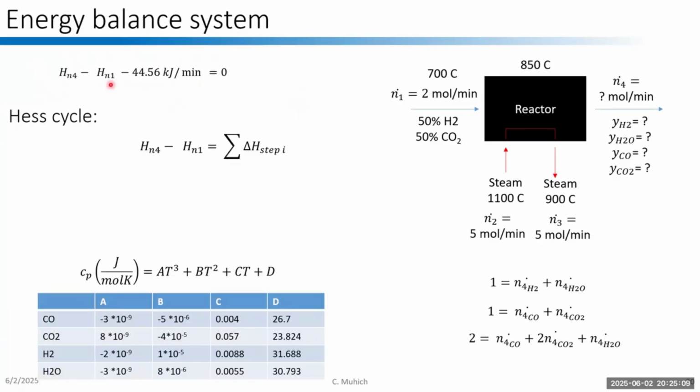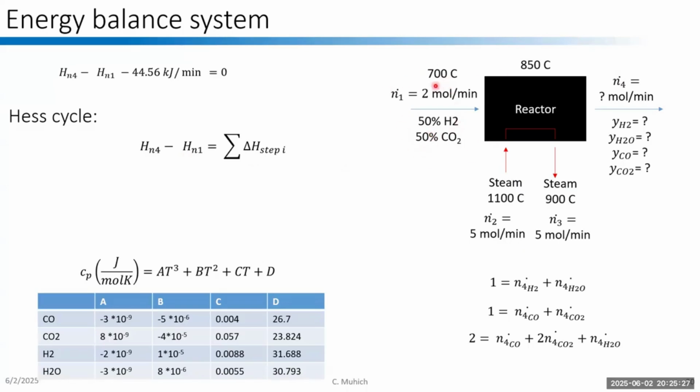Okay, so let's determine what needs to happen. Here, I'm going to again use this idea of our Hess cycle, right? So remember, I'm path independent. So what's happening in this reactor?